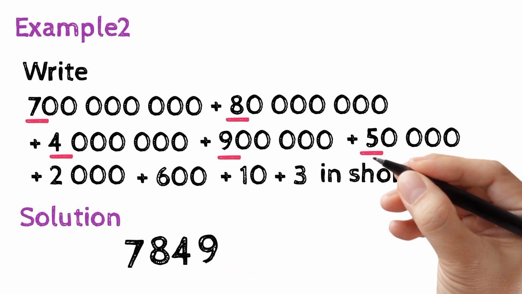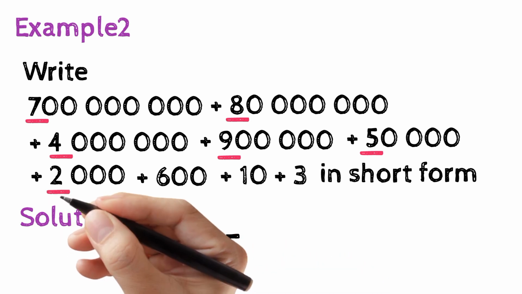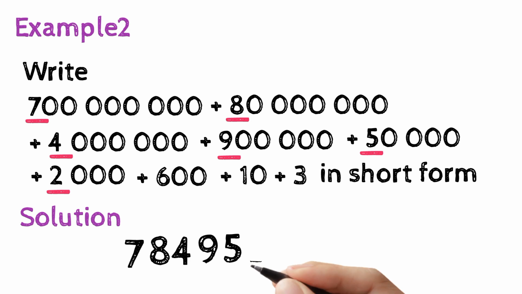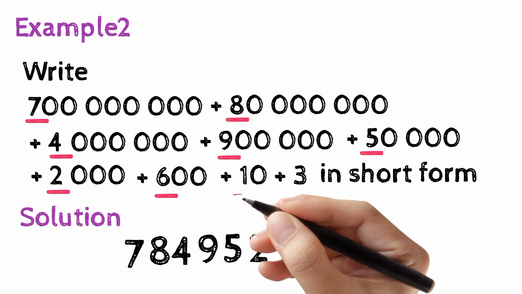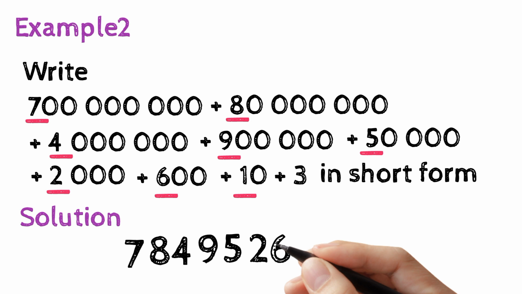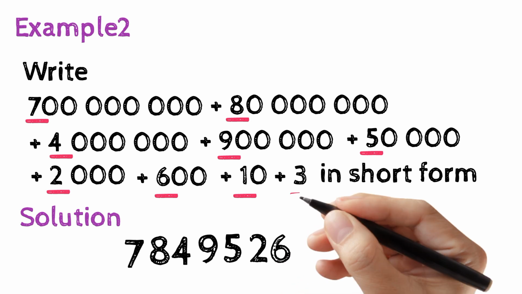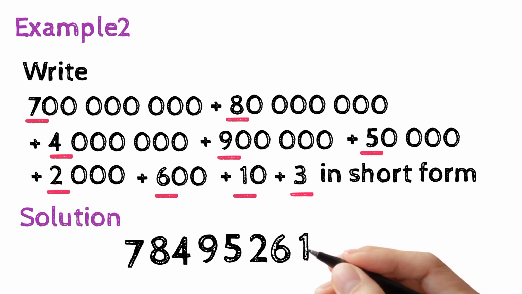Also on this number, take only 5 and leave those zeros. Then you come to this, take 2. And also take 6. And to 10 you can take 1. And the last one is 3. So done.